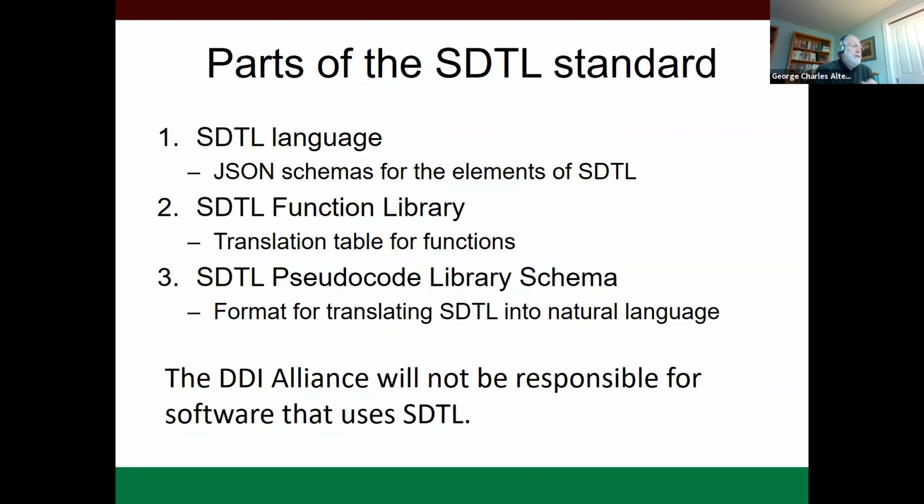And thirdly, the pseudocode library schema. Now, the DDI Alliance will not be responsible for any of the software that has been created by the C2 metadata project. That software is all open source and anyone can use it. And the DDI Alliance will not be managing software updates. It will only be managing the standard.